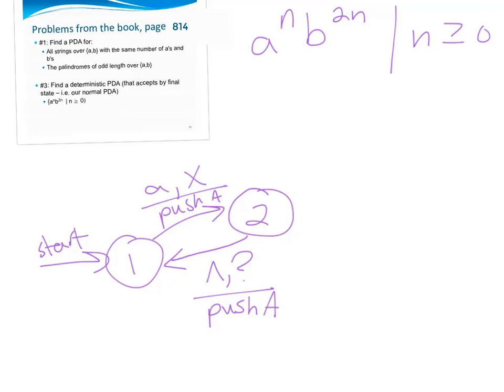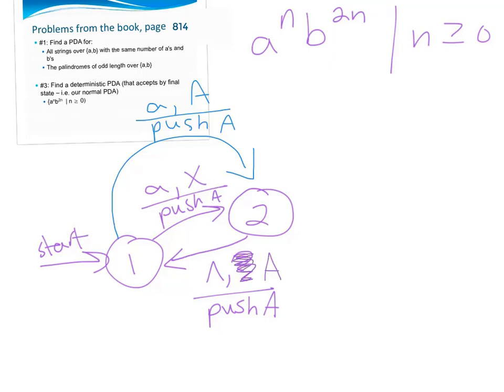In fact, I need another rule that takes me from 1 to 2, let me do it in blue: if I see an A and there's already an A on the stack, push an A. And actually, if I get to state 2, I know there has to be an A on the stack, so I could combine the two rules that transition from state 1 to state 2 with just a question mark here.